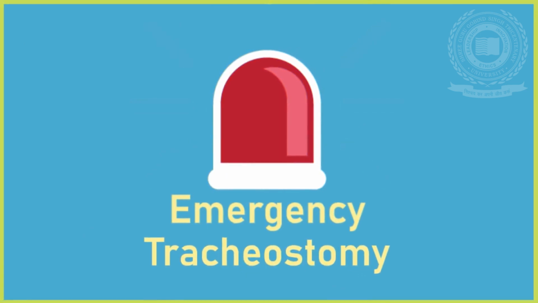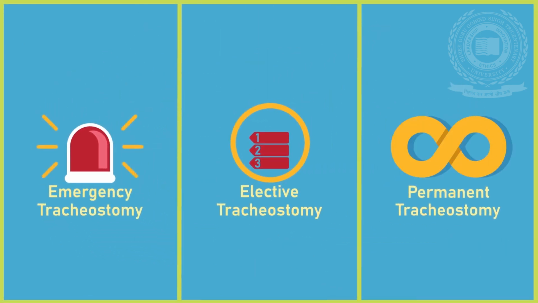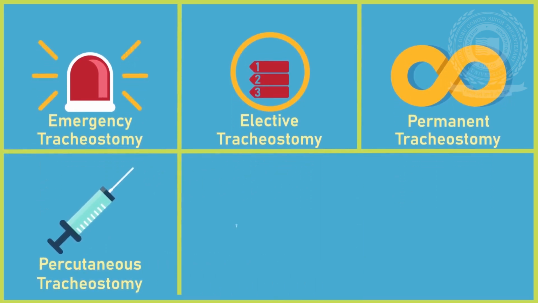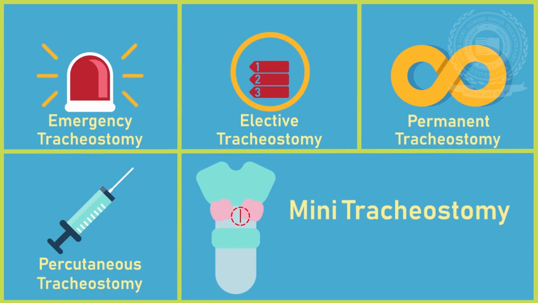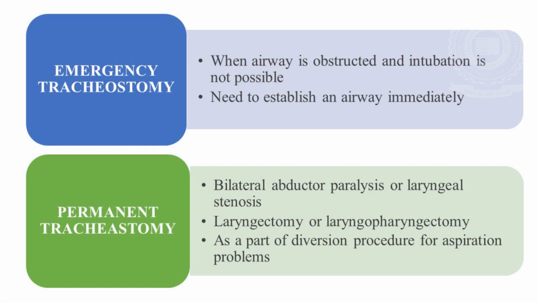There are different types of tracheostomies. We have emergency tracheostomy, elective tracheostomy, permanent tracheostomy, percutaneous tracheostomy, mini tracheostomy or cricothyroidotomy. Emergency tracheostomy is done when the airway is obstructed and intubation is not possible.